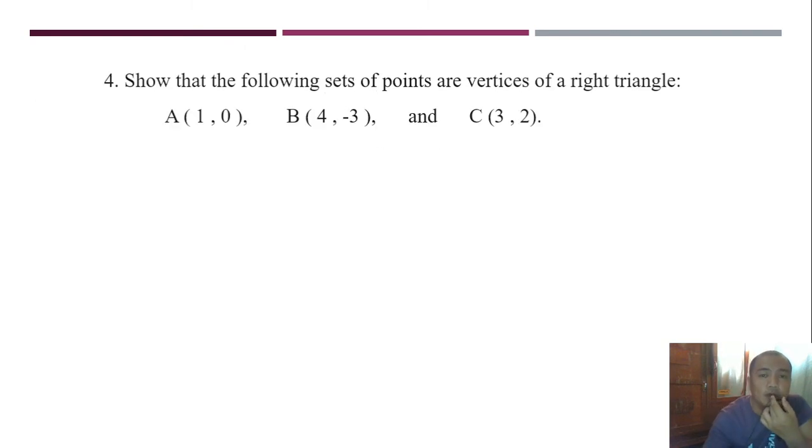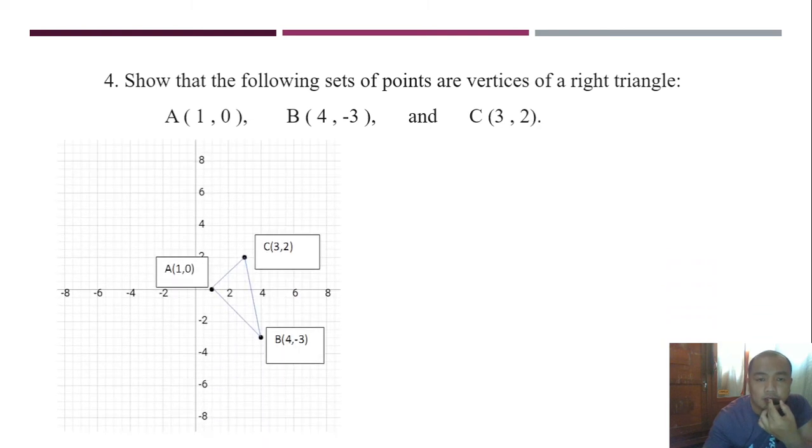Number 4, show that the following sets of points are vertices of a right triangle. Okay, let us first plot the points. For A (1, 0), C (3, 2), B (4, -3). To verify that these are vertices of a right triangle, we need to know the slopes of AC and AB.